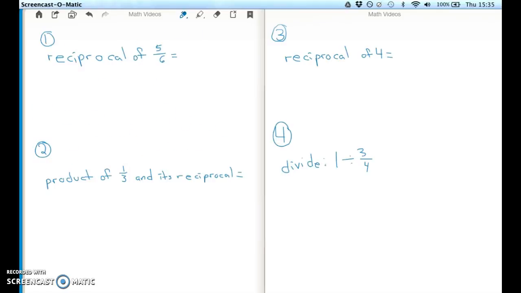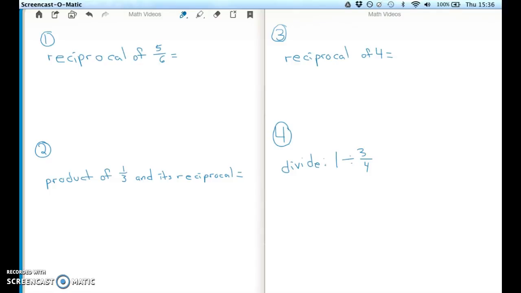I know I'm having you do a lot of writing today, but it's because I really want this to stick in your head. All right? Let's go ahead and write down each of these examples. So write out reciprocal of 5/6 equals. Product of 1/3 and its reciprocal equals. Reciprocal of 4 equals. Divide 1 divided by 3/4.